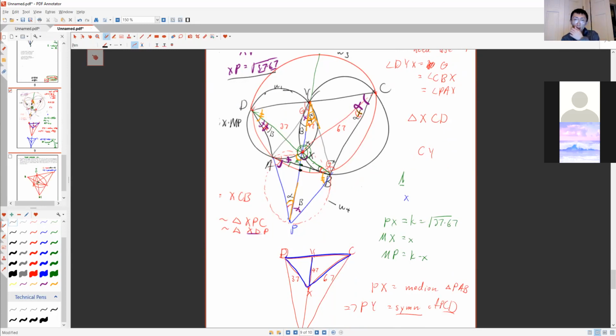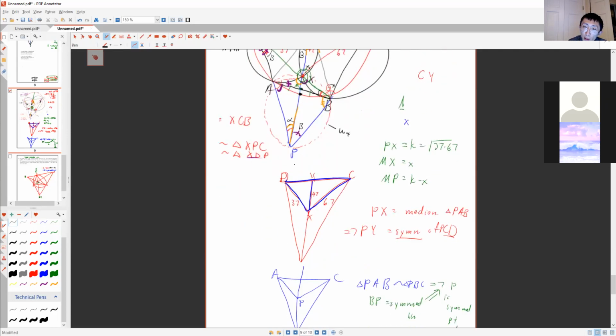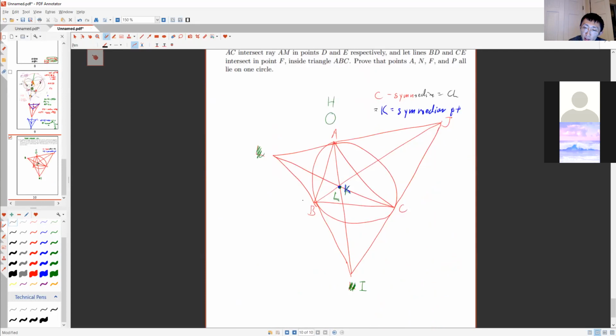So it's getting pretty late, so I might just end it here. But hopefully, there should be enough information, I feel, to extract the answer from here. Basically what we have is a symmedian line, and we have two parallel lines from the base of that symmedian line.